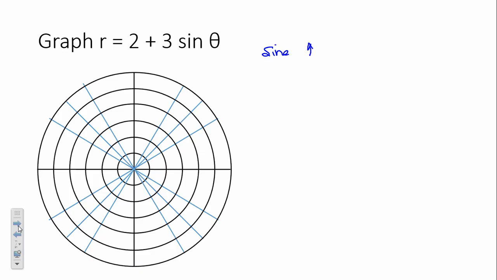Now we have to figure out A and B. What's A? What's B? So 2 over 3 is less than 1. So it's going to be an inner loop again.